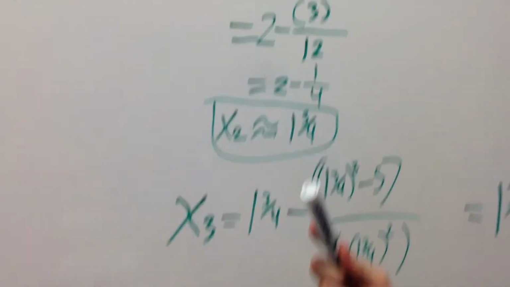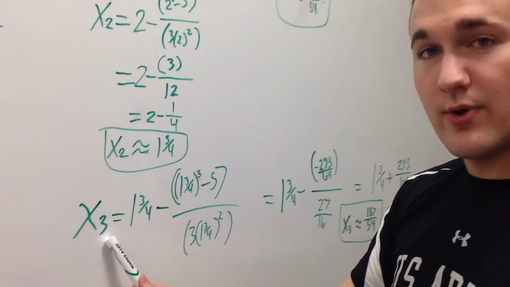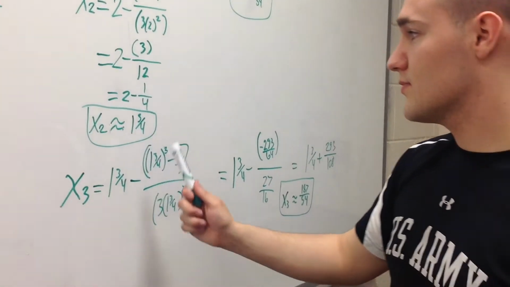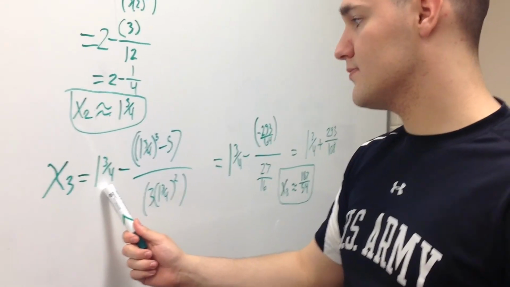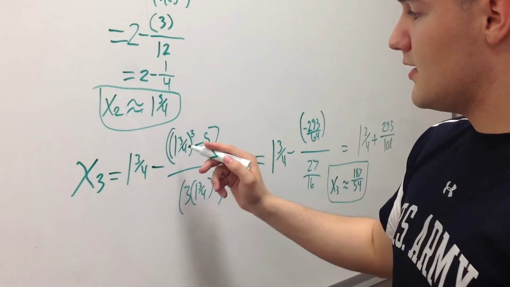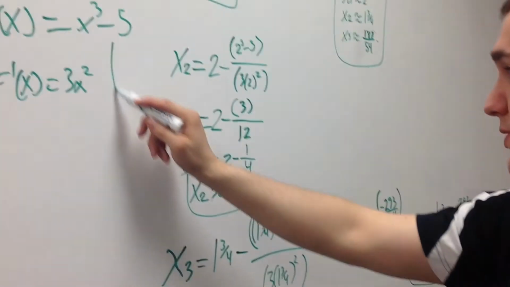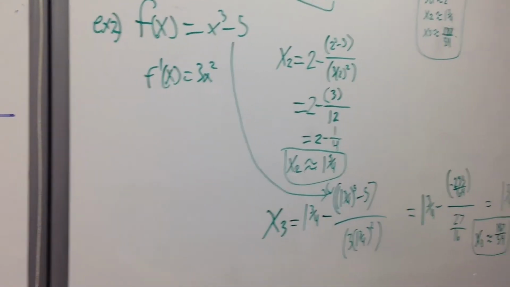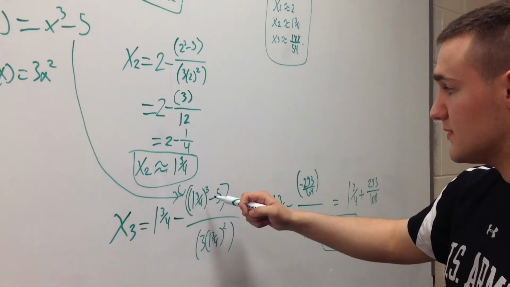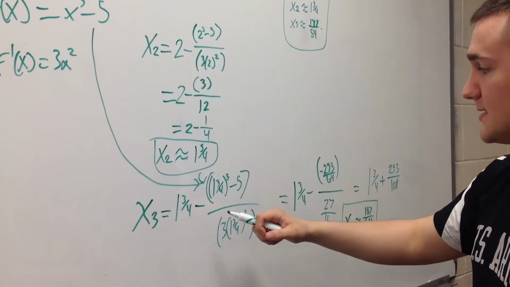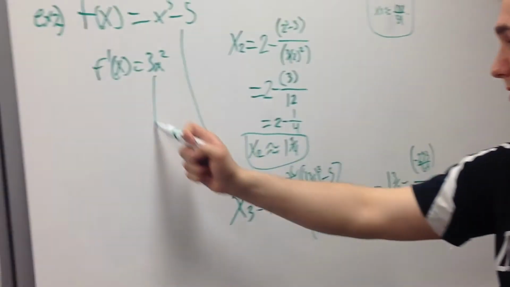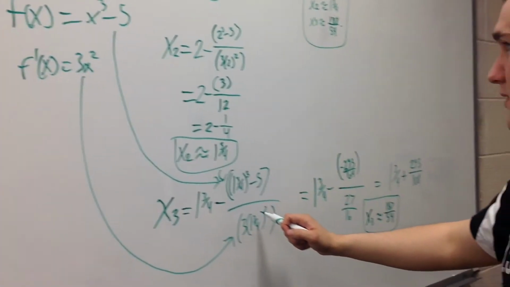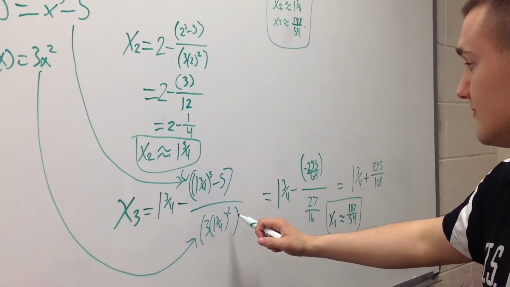Okay, now we want to find our x3 point. Just like in the other example, we have our x2 here. Plug that into the original equation. Make sure you have kept your cubed minus 5 divided by your derivative, plug in your x2, and your derivative is squared.